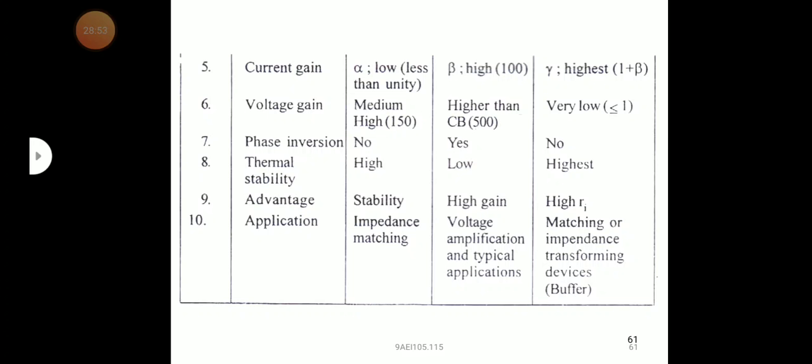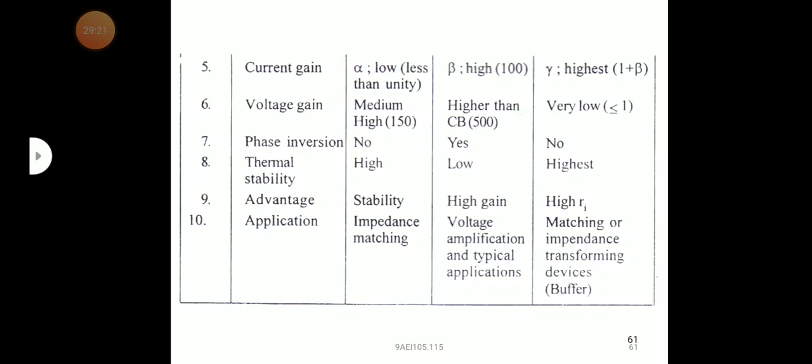In the common collector also we don't have any phase inversion. Thermal stability: common base has very high, common emitter has low, and common collector has the highest value. So the advantage is more stability in the common base, higher gain in the common emitter.